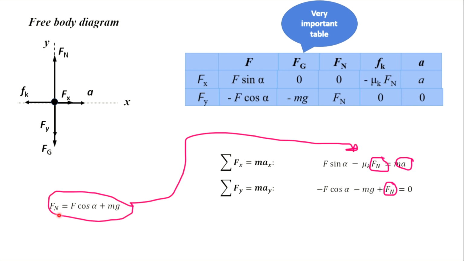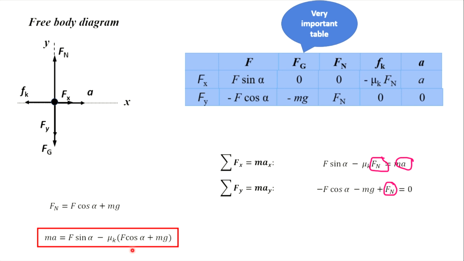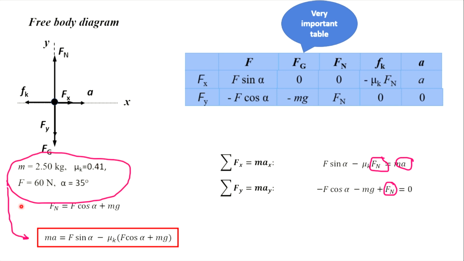Then we plug this normal force into the first equation, and we will find the acceleration of the block. And now, in the last equation, all quantities but acceleration are given. Here they are. And using these values, John found the final answer, which is a equal to 1.69 meters per second squared.